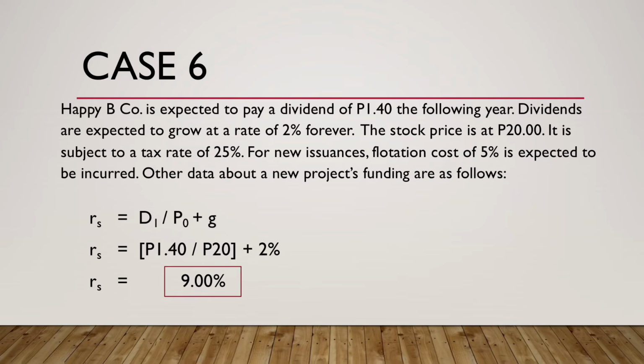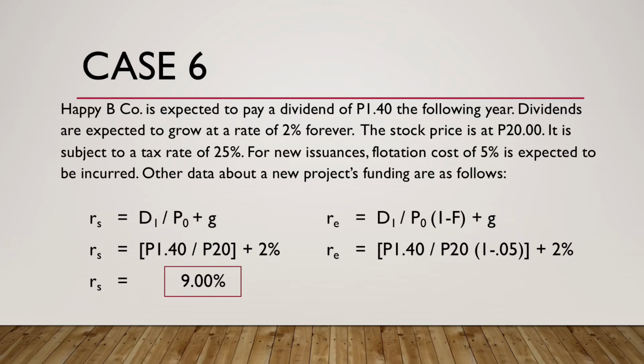Next, for the required rate of return on external equity, you have D sub 1 over P sub O times 1 minus F plus G. Just adjust for flotation costs. You would have 140 divided by 20 times 1 minus 5% plus 2%.